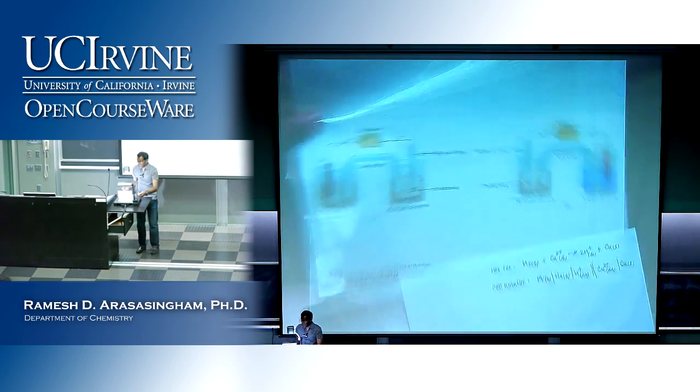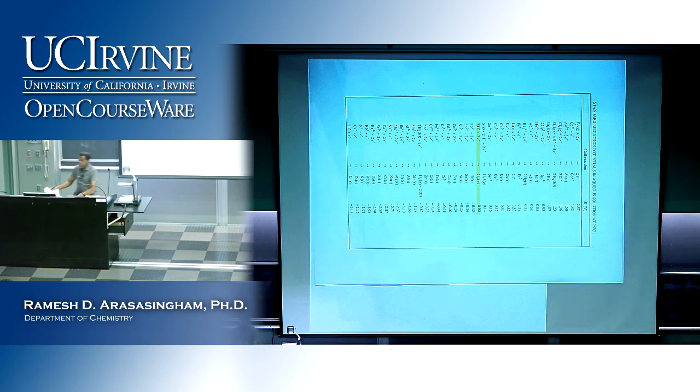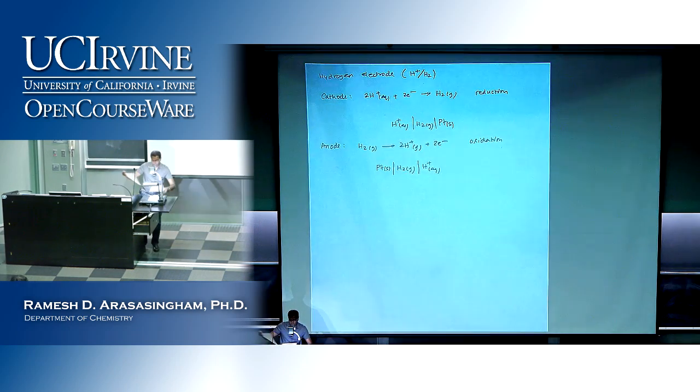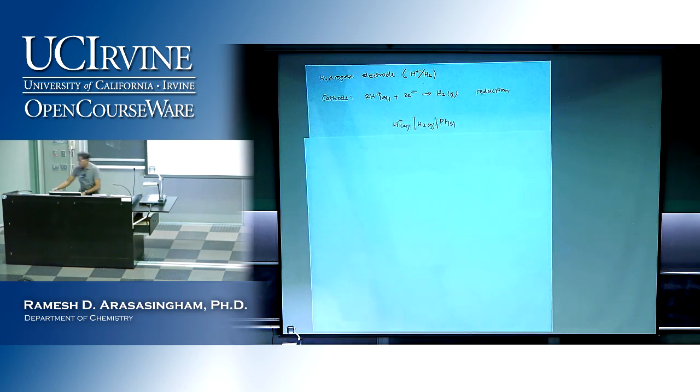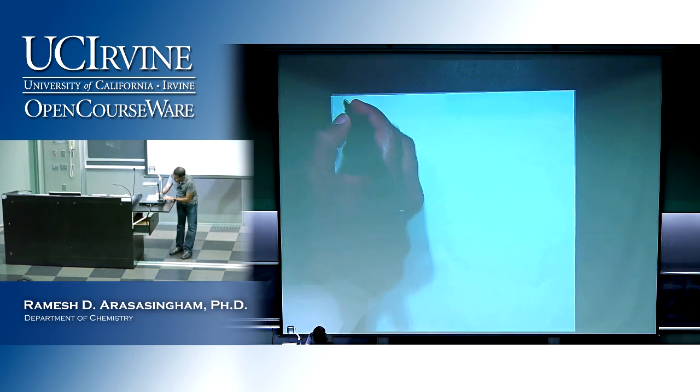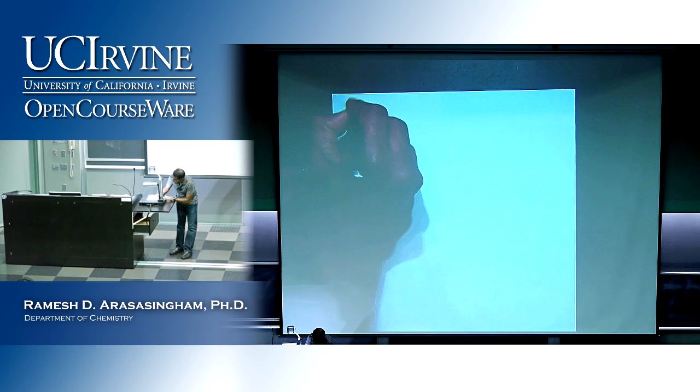Now, one last thing I want to show you is if we take another example of another electrode, okay? Let's say I have this electrode. The redox couple here is iron 3 plus, iron 2 plus.